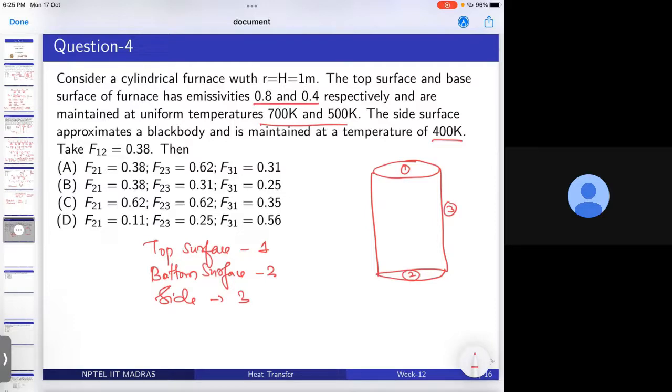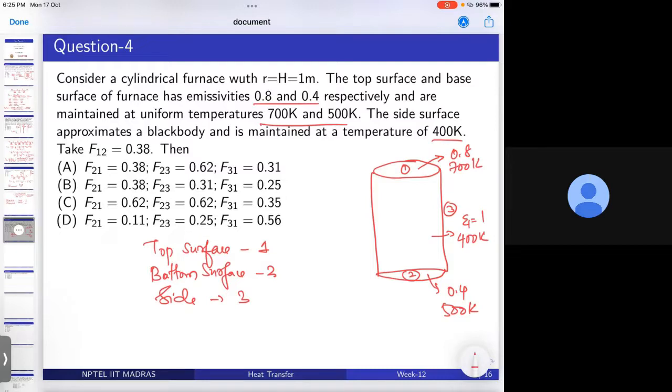Okay. And its emissivities are also given. So this emissivity is 0.8, this emissivity is 0.4, and it is at 700 Kelvin. And this side approximates a black body, that is emissivity is 1, and it has 400 Kelvin as the temperature.